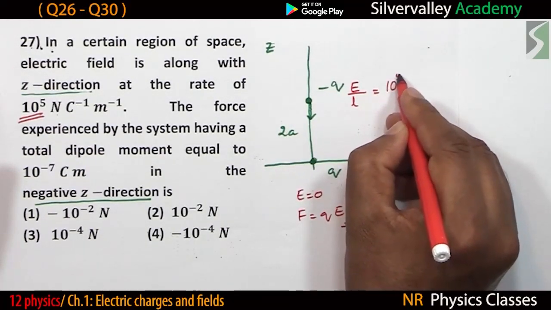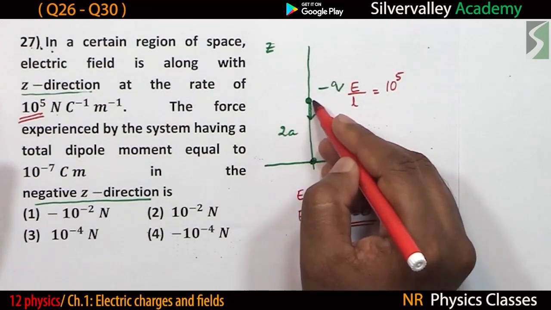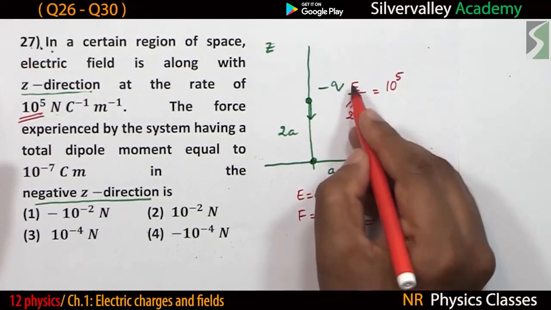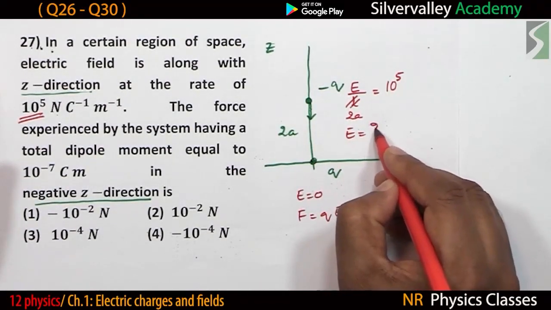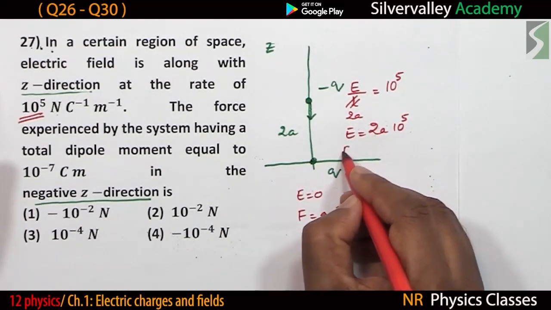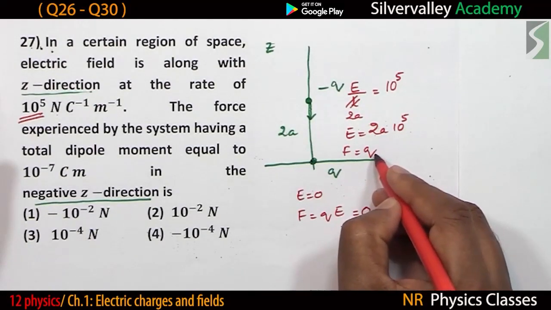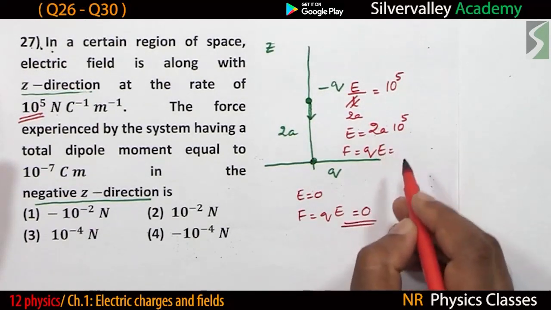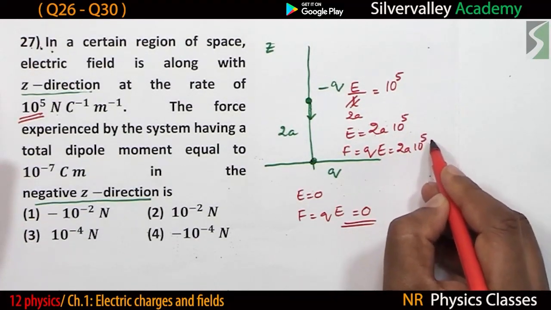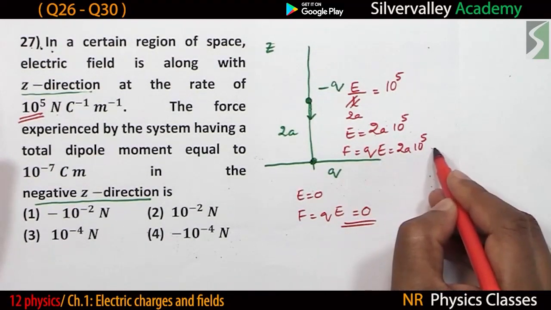The distance is the distance between these two points. Instead of L, let me take 2A. So the electric field equals 2A times 10 to the power of 5. Therefore the force at this point is charge into electric field, charge Q times 2A times 10 to the power of 5.